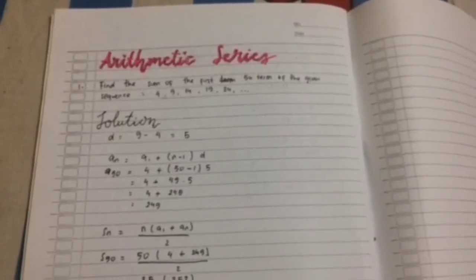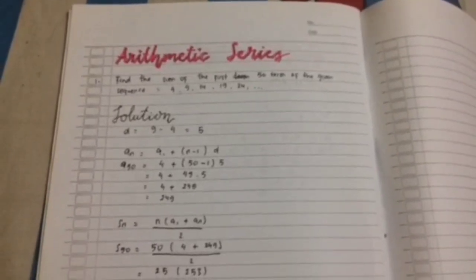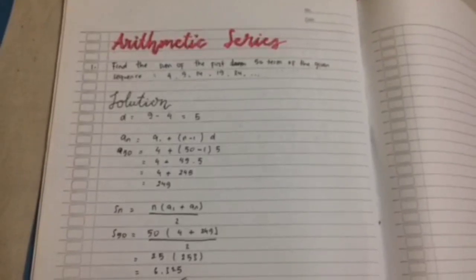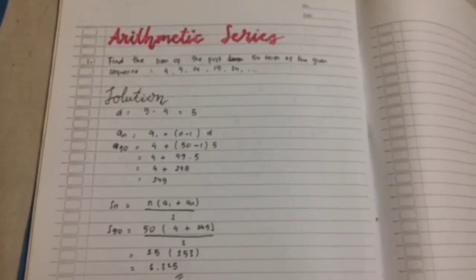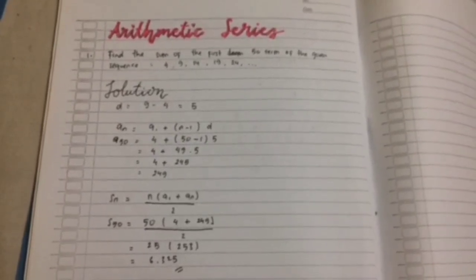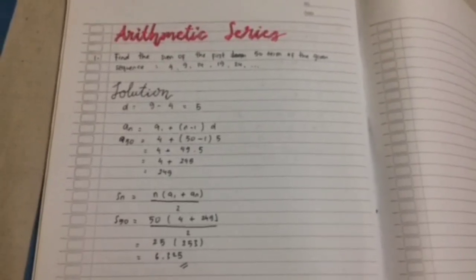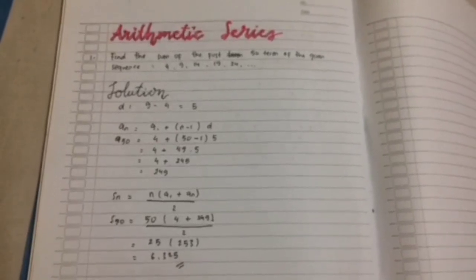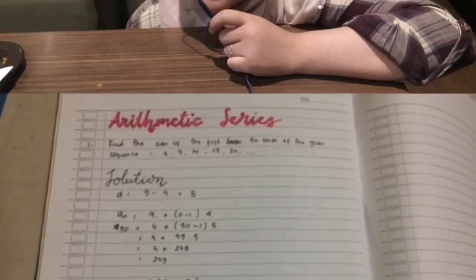Sum of 50 equal 50 times 4 plus 249 divided by 2 equal 25 times 253 equal 6,325. So the answer is sum of 50 equal 6,325.